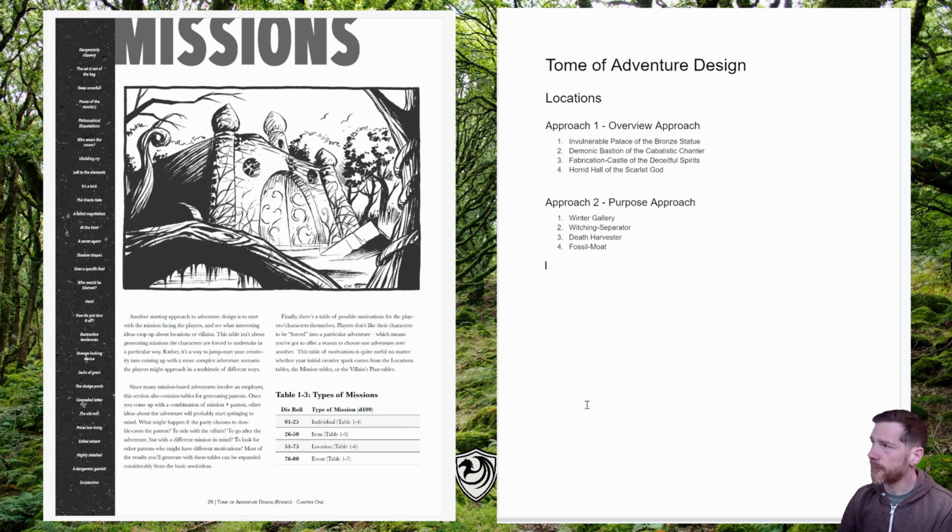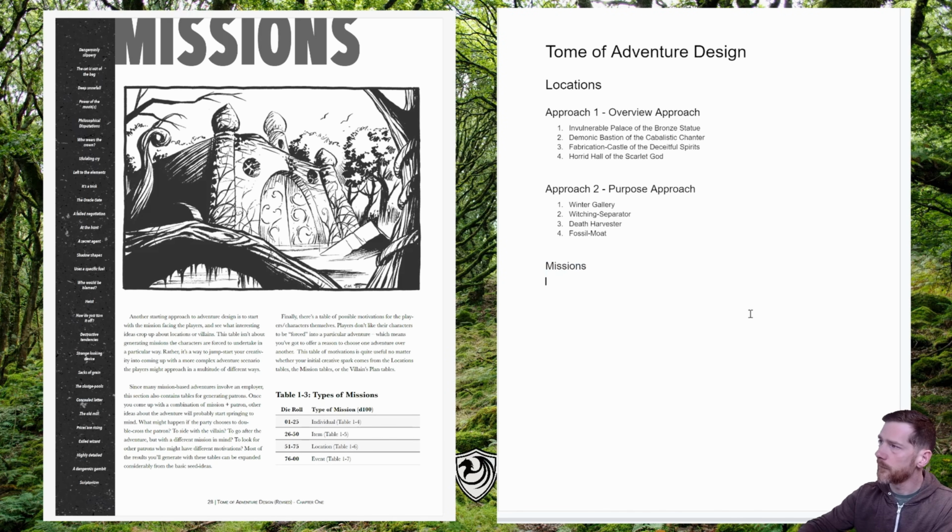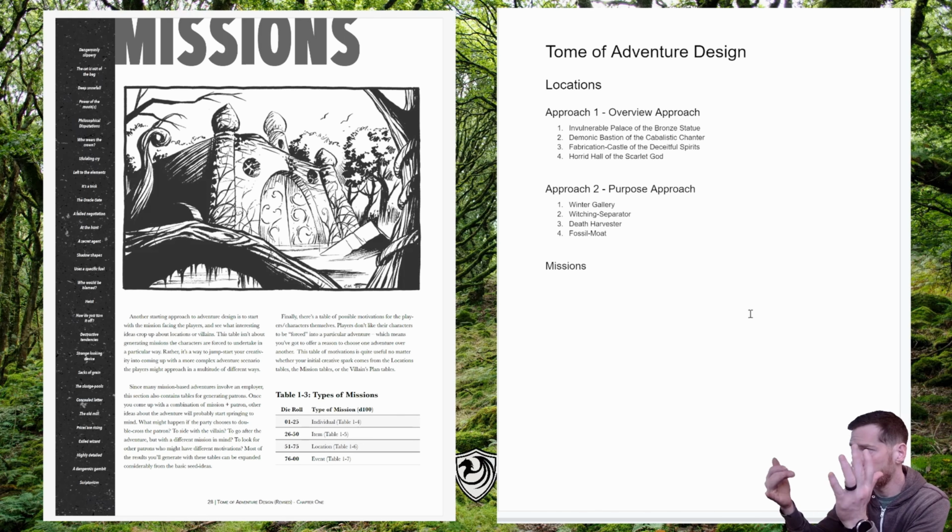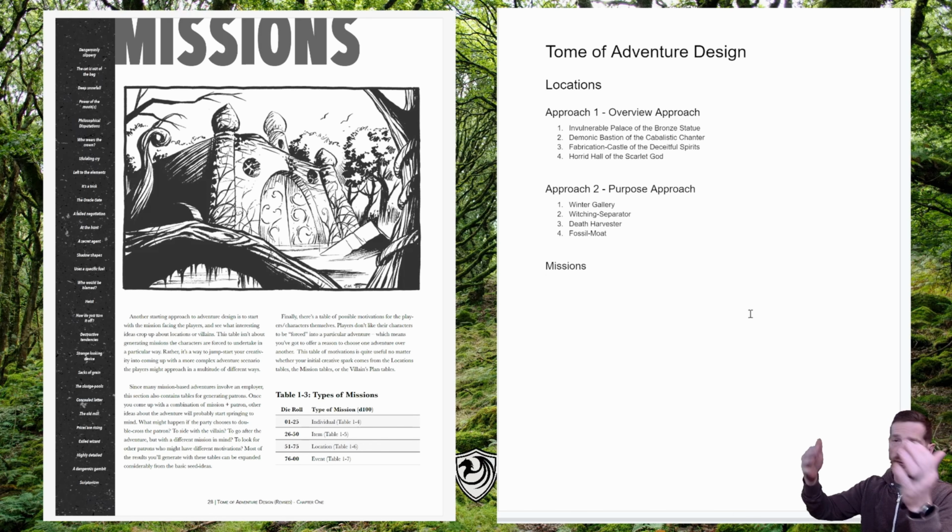Next, we have missions. With our missions, we'll roll on a couple of tables. First we roll for the mission type. Then there are separate tables that describe what each mission type entails. So if you roll a 50, you have an item. Then you come up with some random ideas for a mission that involves an item.